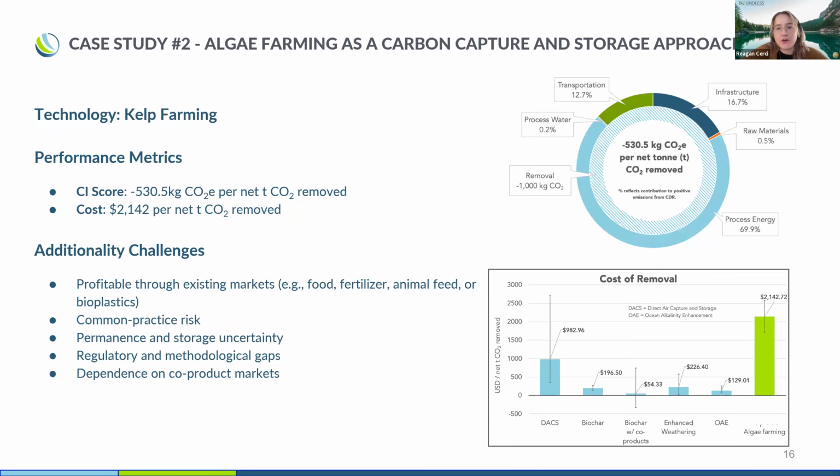Thank you. So the second case study we're looking at is in algae farming technology as a carbon capture and storage approach. In this case, they're farming kelp. And again, you can see these metrics on the right here, where it's negative 530.5 kilograms CO2e per net ton of CO2 removed.